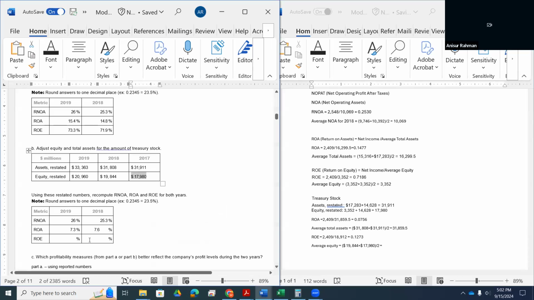So within one decimal place, it will be 12.7% for 2018. Following the same process, you should get 11.6% for 2019.